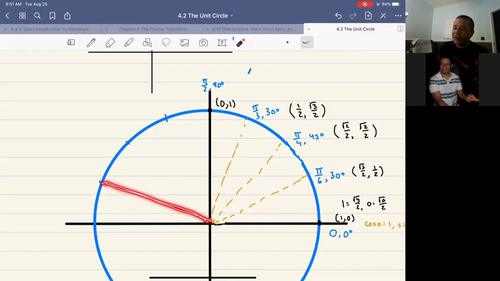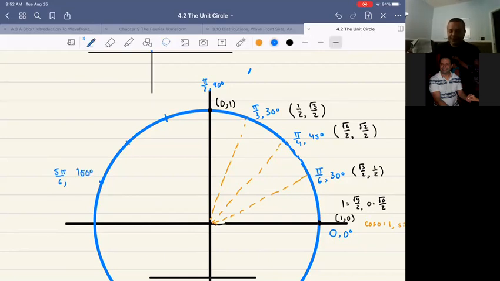We could also think of it as pi minus pi over 6, which you'll get better at doing fractions over time. That's going to be 5 pi over 6, or 150 degrees.